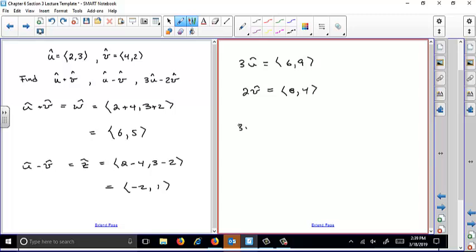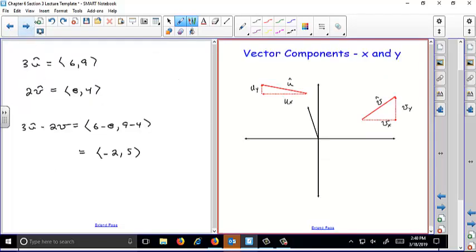And 3u minus 2v, all we're going to do is subtract this from that. So you get 6 minus 8, 9 minus 4. And so that's -2, 5 is the resultant. So here we have both scalars and vectors.